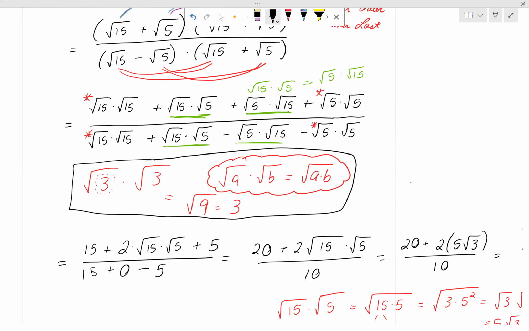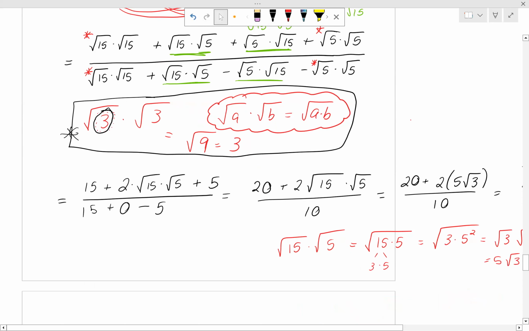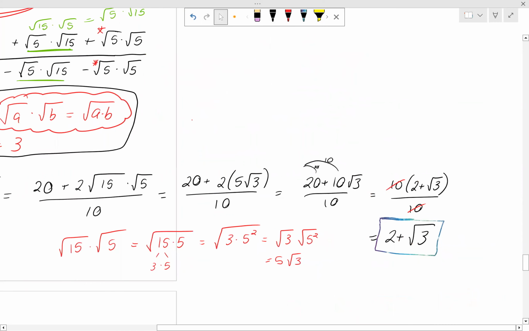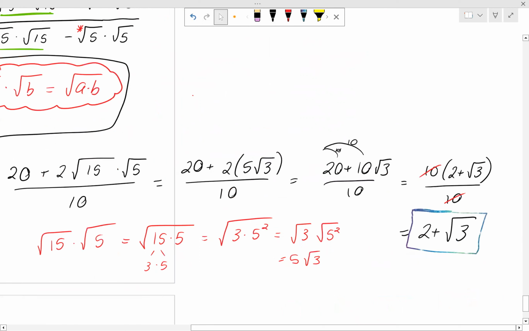At these red stars that I have, we used this boxed property right here that if we had like square root of 3 times square root of 3, we would get square root of 9. And we know the square root of 9 is 3. So we just get back whatever's on the inside right there. And then from here, most of this is just simplifying it down, trying to make it into a smaller expression. And then we finally got our answer was 2 plus the square root of 3.